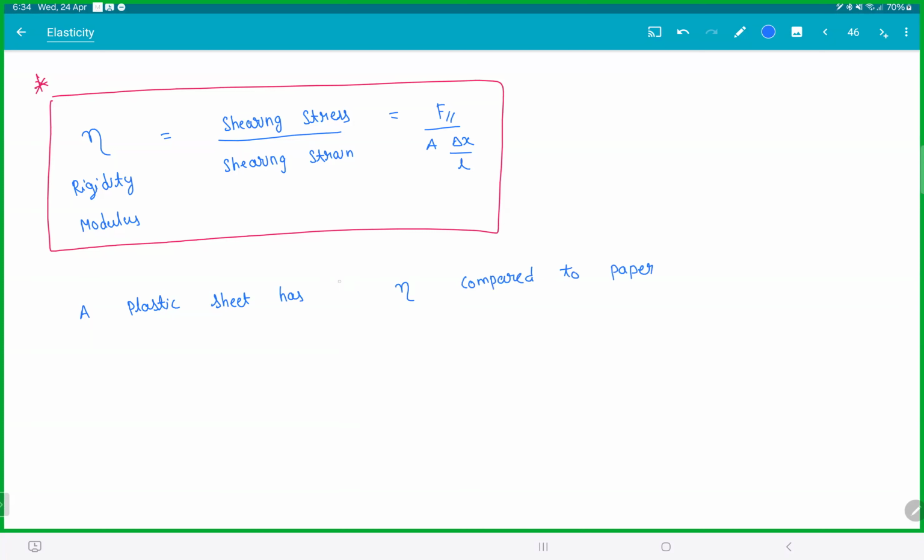I wrote it reversed: more rigidity modulus compared to paper. It's easier to tear a paper, and more difficult to tear a plastic sheet. Whereas a plastic sheet will have less Young's modulus. A plastic sheet is easier to stretch. A paper won't stretch that easily; it will break before that. Plastic sheet has less Young's modulus compared to paper.